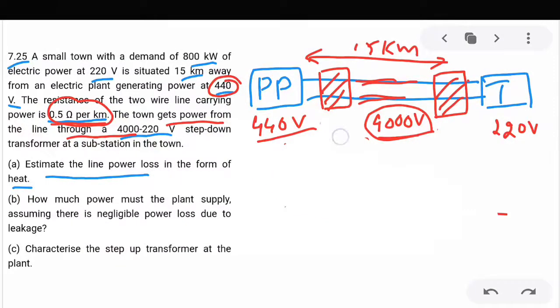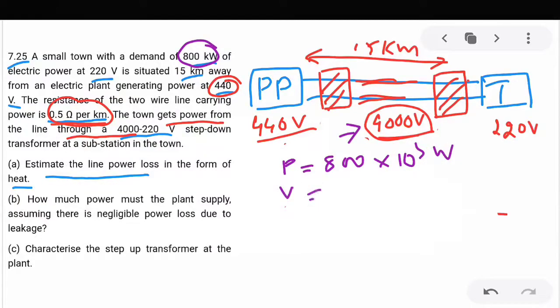Now the transmission lines are carrying voltage at 4000 volt, and the power supplied to this town is 800 kilowatt. So power is 800 into 10 power 3 watt. The voltage in the power line is 4000 volt.